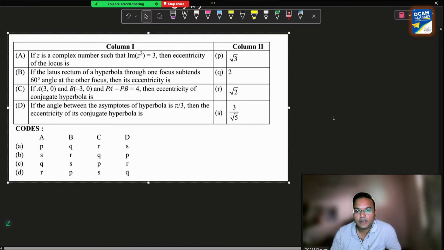This should be different. No tangent. Try to see.